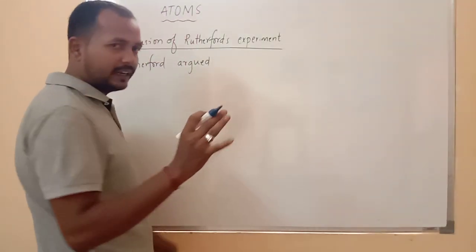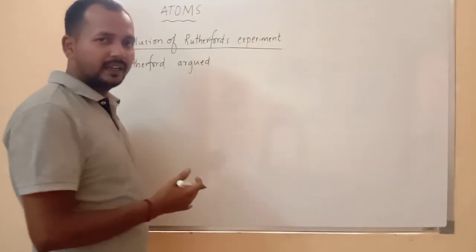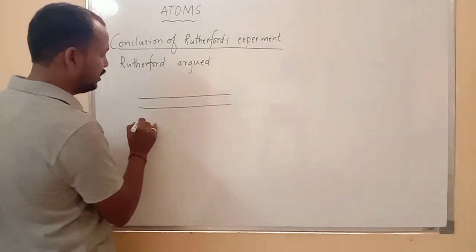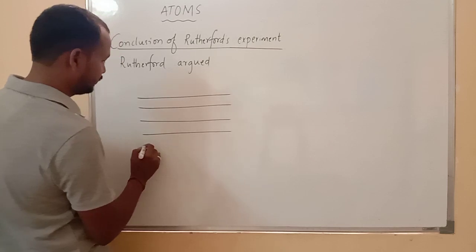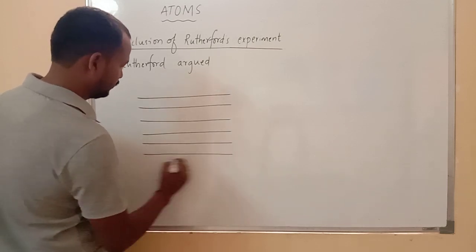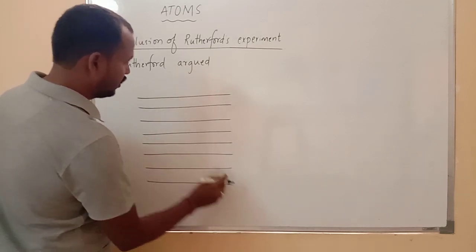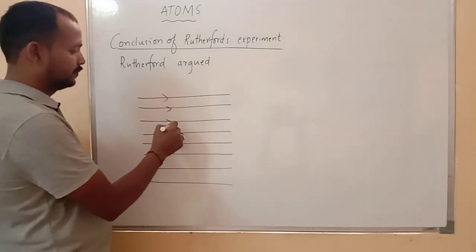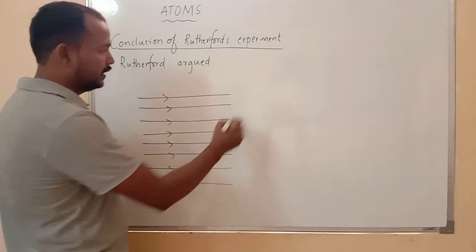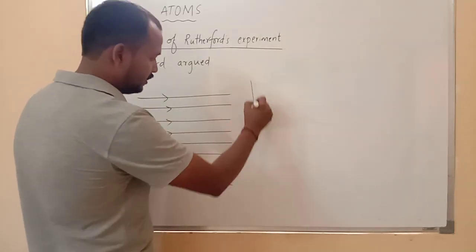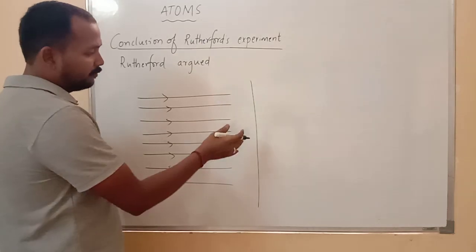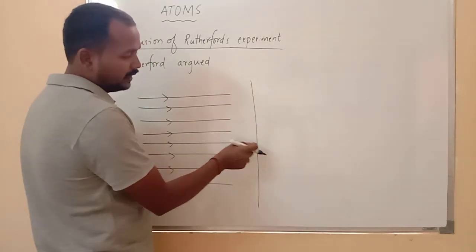So we can zoom into that experiment and understand it. I will draw these straight lines as the beam of alpha particles, and this is a thin gold foil. We made the beam fall on it at a point here.